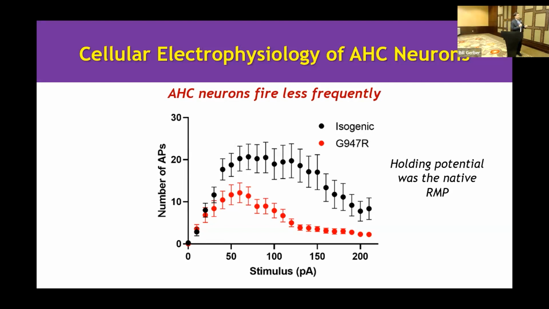In this particular experiment, which is the mutation G947R, we see that the normal neurons, or neurons without the mutation, fire like this, but those with the mutation have a reduced firing. And so this suggests that there may be an effect of this pump all the way through to altered firing of the neurons.